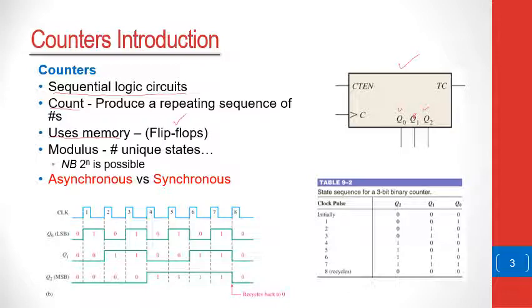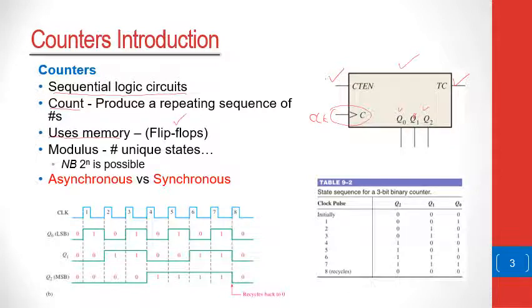The counter might also have a count enable input. You might also see what's called the terminal count output. The terminal count output simply goes high whenever the count has reached its maximum number. And because the sequential circuit will be triggered by a clock, it will have an input trigger or a clock signal.